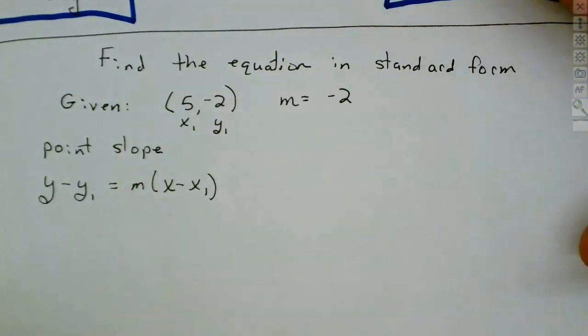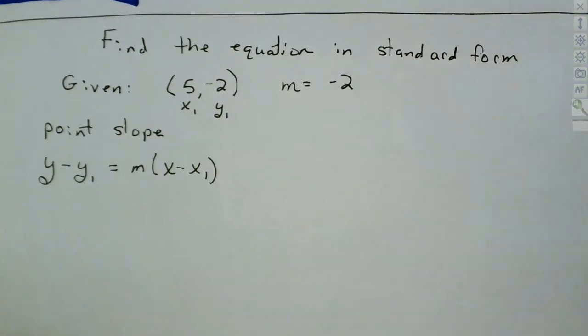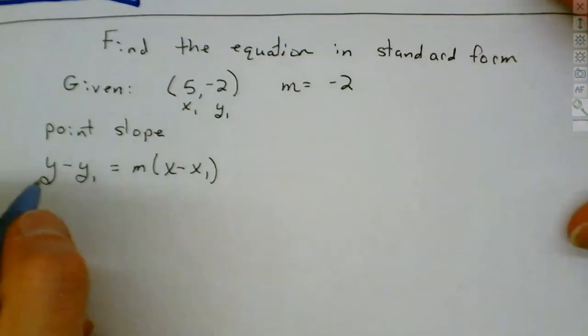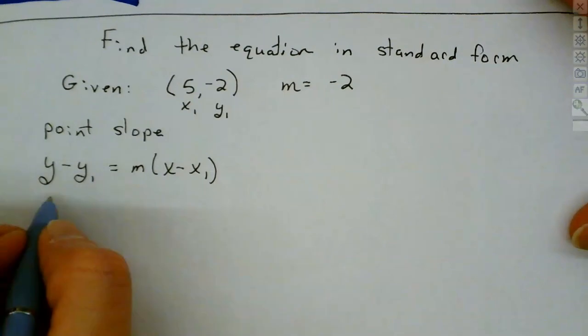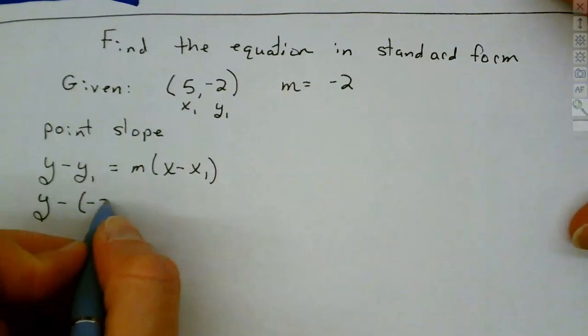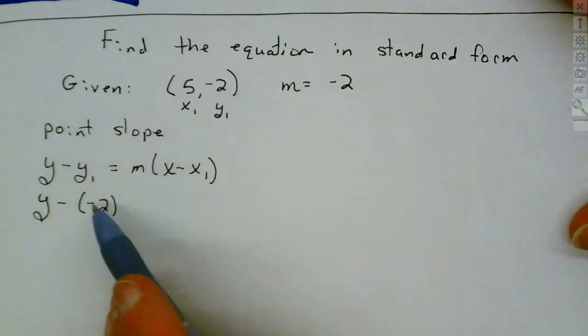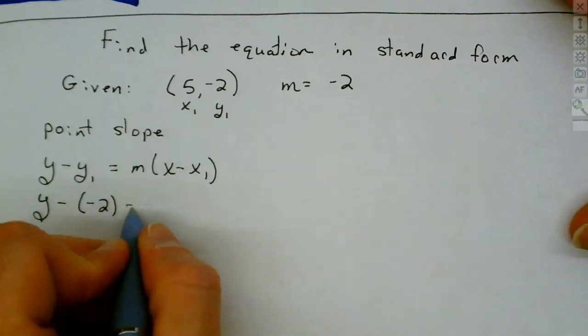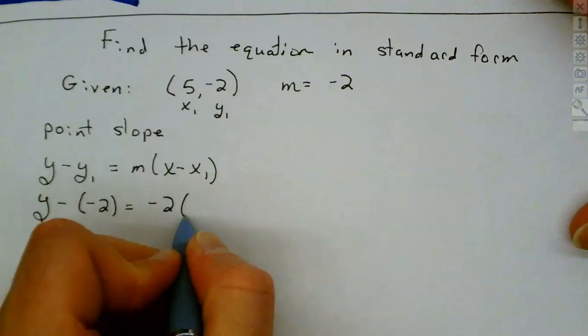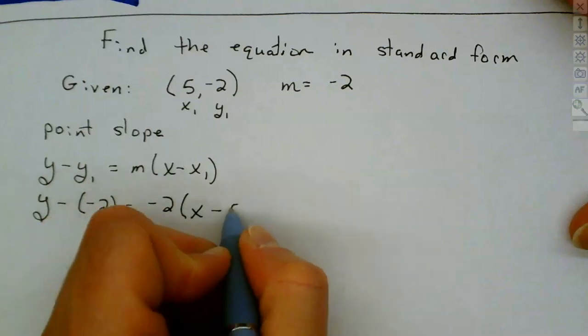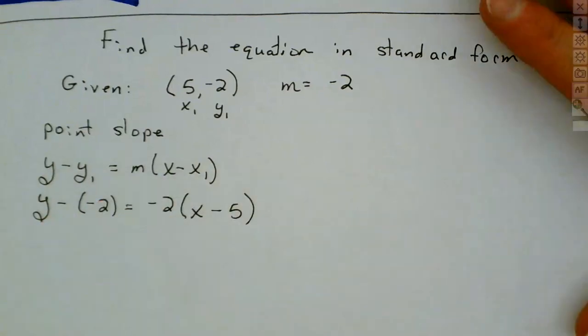So we'll go ahead and fill it in here. And let's see what we've got when I fill my pieces in. So filling it in, watch your signs. We have y minus negative 2 equals negative 2 times x minus 5.